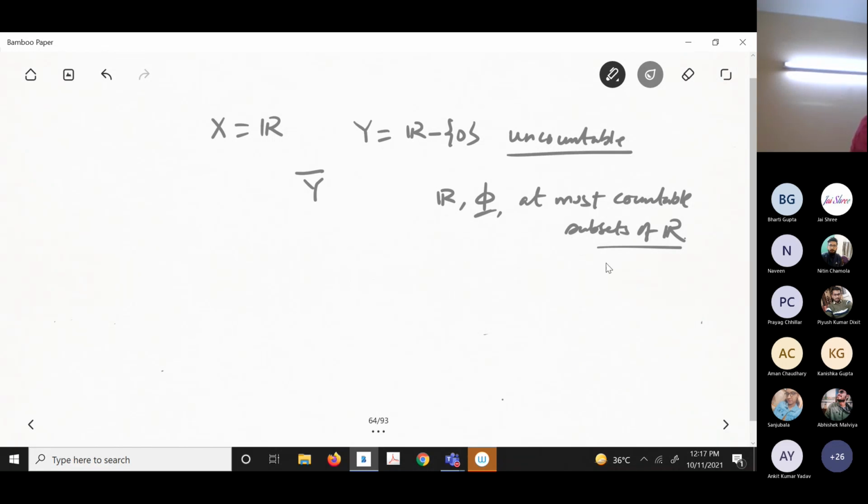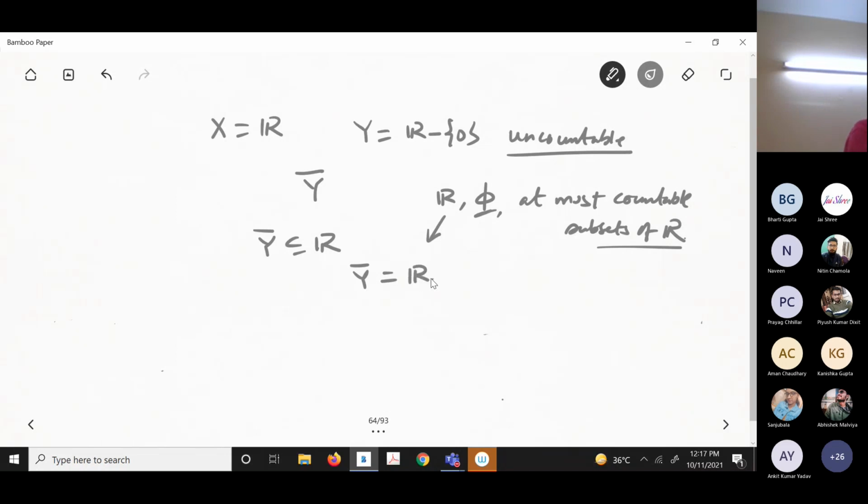But among these closed sets, only R is uncountable. So Y bar has to be contained in R, and R is the only closed set containing Y. So Y bar equals R.